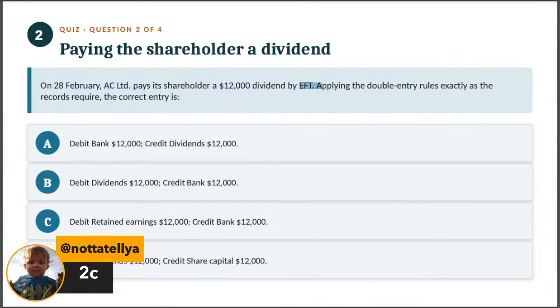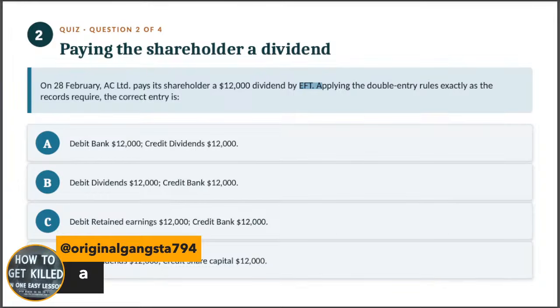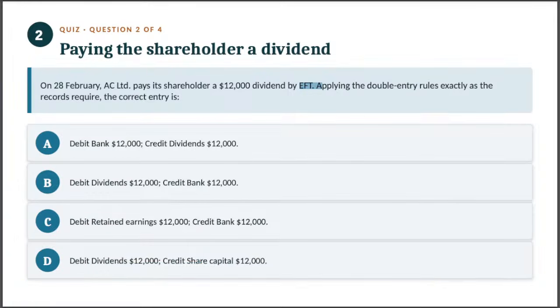Not a Taliath says 2C. All right, we got a 2C. Original Gangsta 794 says something too. All right, so we got a good variety here. A is debit bank 12,000 and credit dividends 12,000.